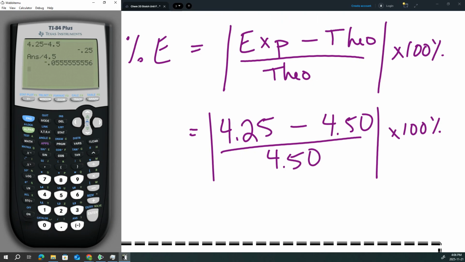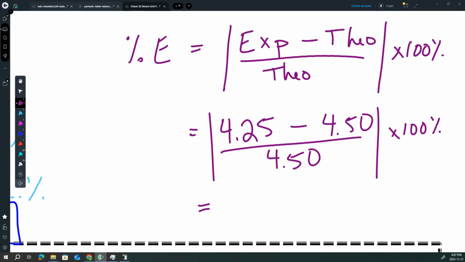So since we got negative 0.055 repeating, the absolute value signs turn this into a positive. So just to take that into account, I'm going to times it by -1, just so that we have a positive number to work with, and then times it by 100%. So this is going to be 5.55 repeating for percent error.